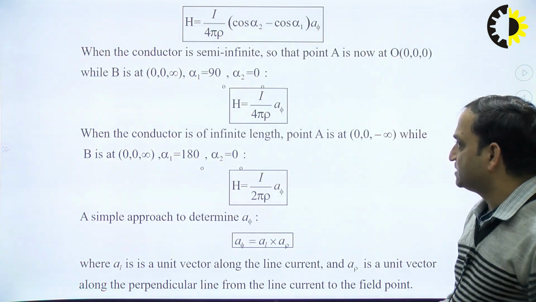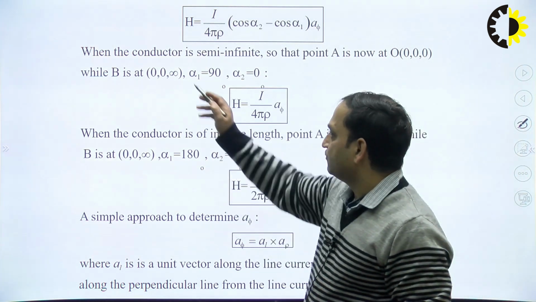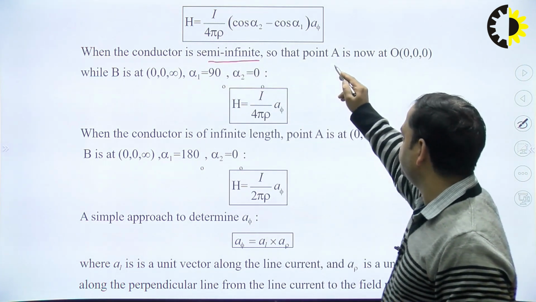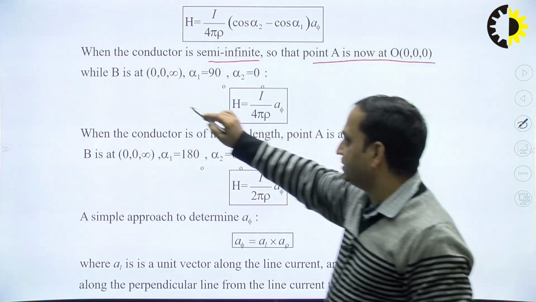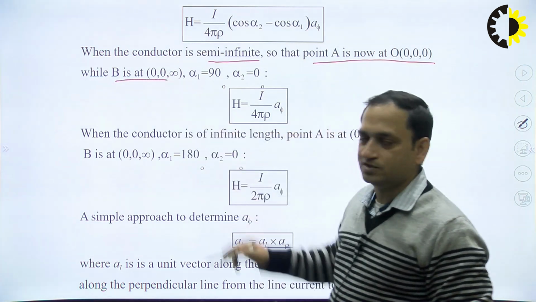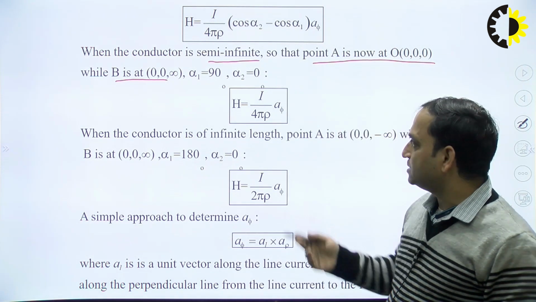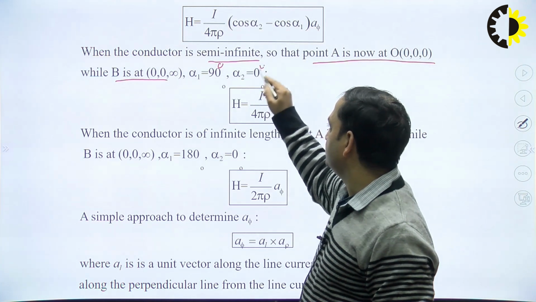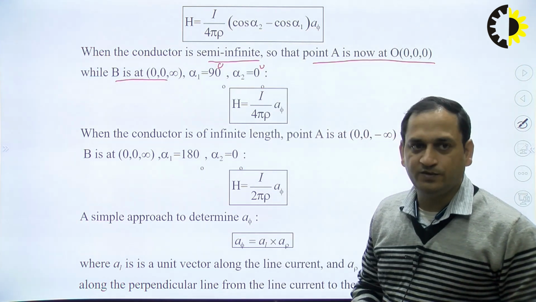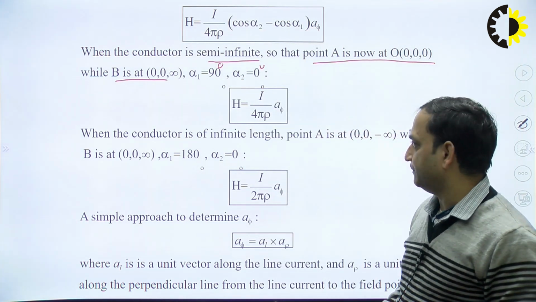Okay, so let's see what we have discussed. For the semi-infinite case, point A is at 0, 0, 0 at the origin, and B is at 0, 0, infinity. In this case, when you put alpha 1 as 90 degree and alpha 2 as 0, the H value will be I upon 4 pi rho A phi.